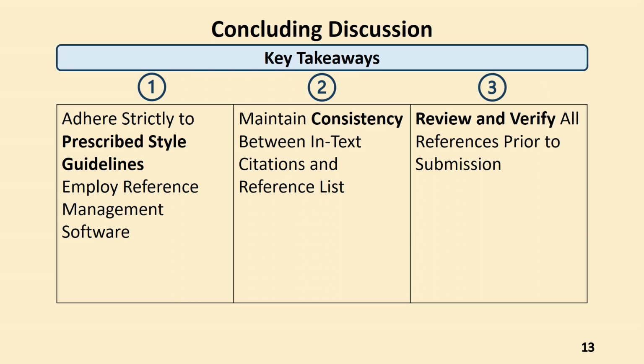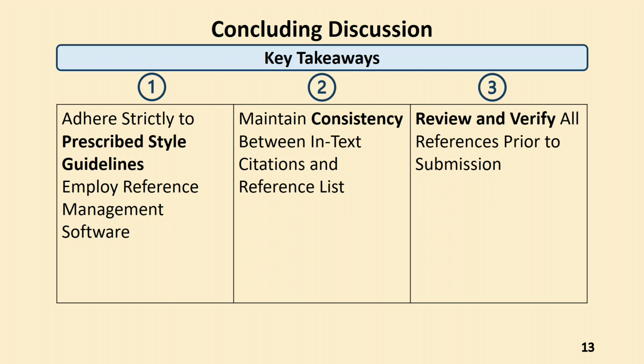So, concluding discussion for this lecture: adhere strictly to prescribed style guidelines, and employ reference management software, which can be very, very useful for you. Second, maintain consistency between in-text citations and the reference list.